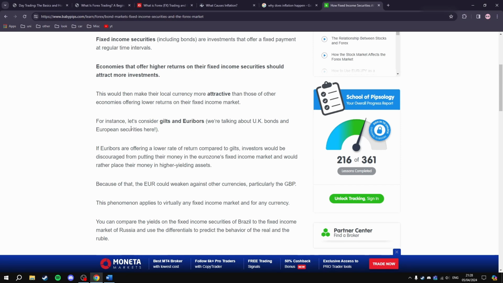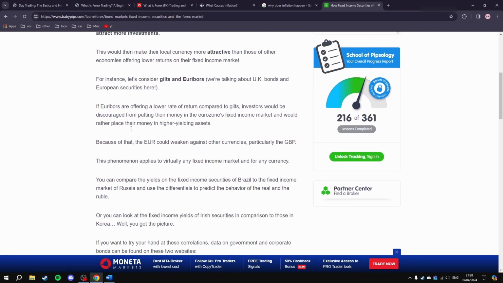This would then make their local currency more attractive than those of other economies offering lower returns in their fixed income markets.